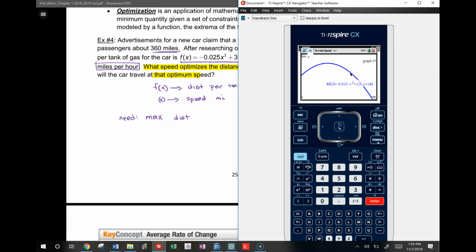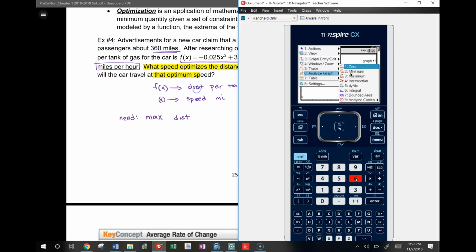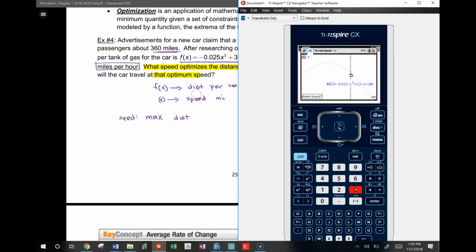All right, so let's find the maximum here. So menu, 6, 3, and then we drag this over this way. We drag it over that way. Look at that. The maximum is over there. So what is that? That's 70 and 363, right?